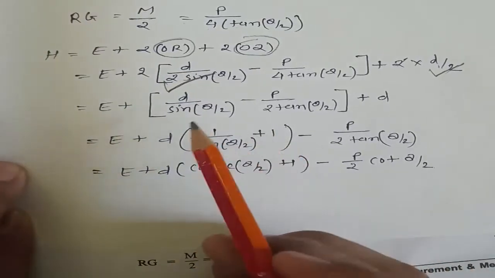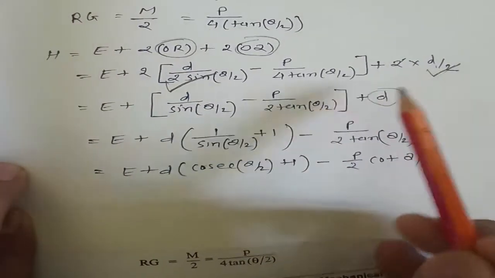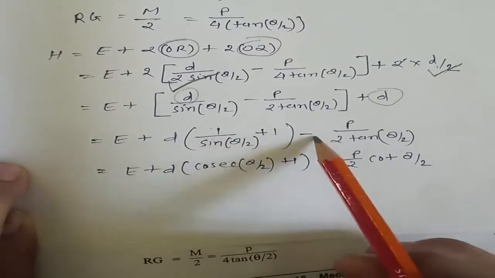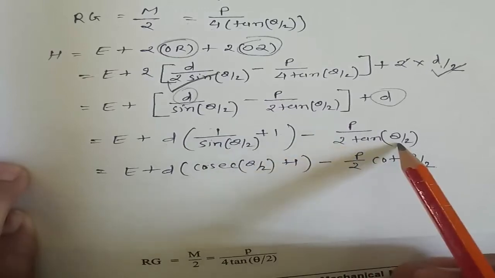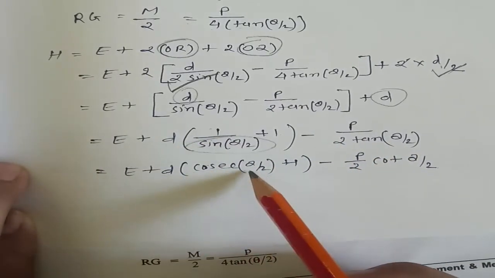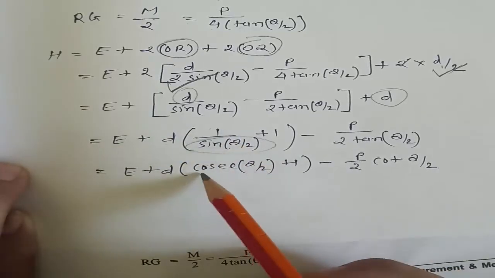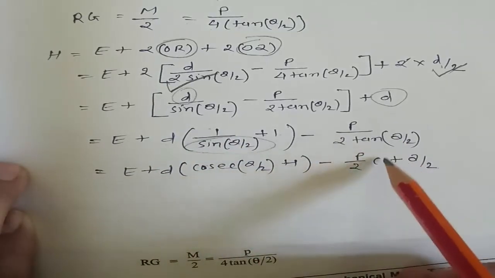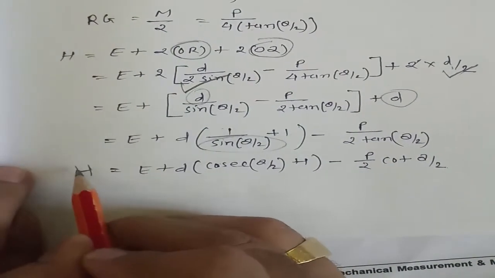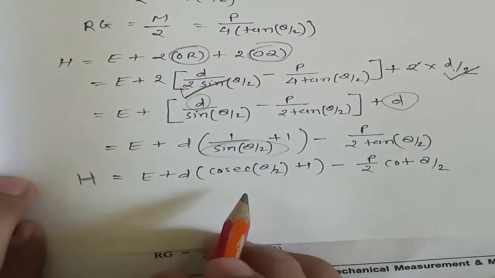D is common, giving 1 upon sine theta by 2 plus 1 minus P upon 2D tan theta by 2. Here 1 upon sine theta by 2 is cosec theta by 2, and 1 upon tan theta by 2 is cot theta by 2. So finally we can find H this way.